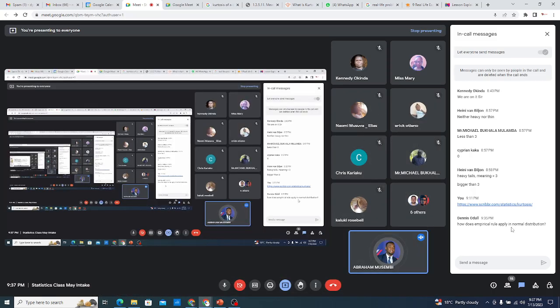How does the empirical rule work? About the empirical rule, maybe you can go and study more about this. That is the 68, 95, 99% rule.